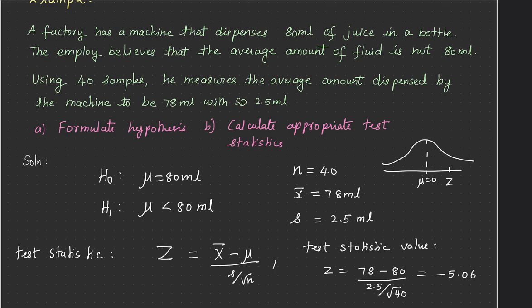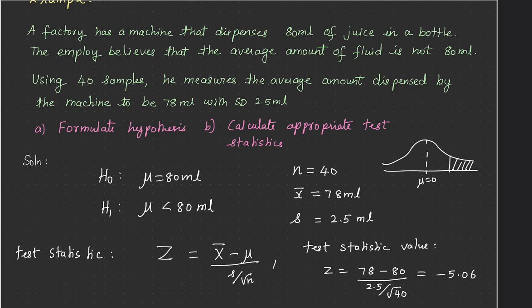I consider this as z alpha, where alpha is 0.05. Remember this 0.05. This leaves an area of 0.05 to the right, and to the left it's 0.95, because it's one-sided. My problem arises if this is less than 80 ml, not greater than 80 ml. I reject this.